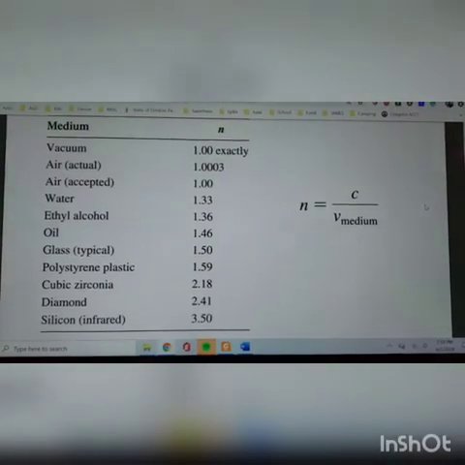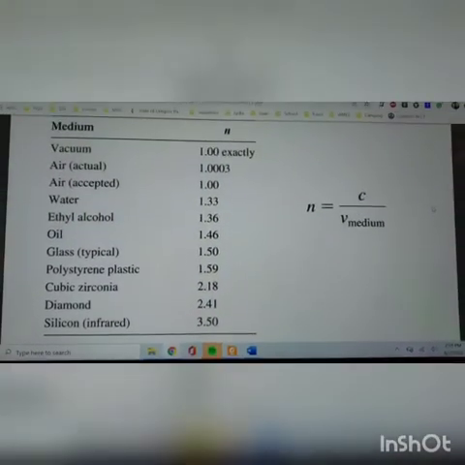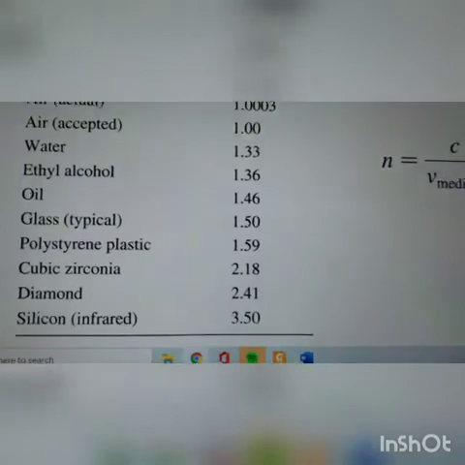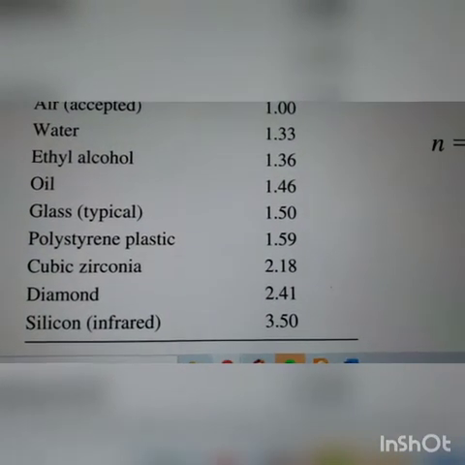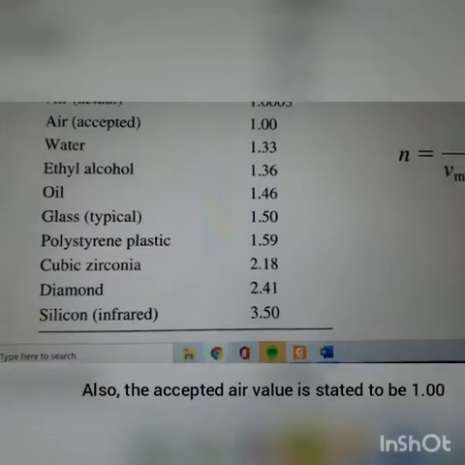The two materials we're going to be using today are air and glass. The light will be traveling from the air first and then into the glass. So N1 is the air and N2 is glass. When looking up the index of refraction for glass, a typical piece of glass would have an index of refraction of 1.50.